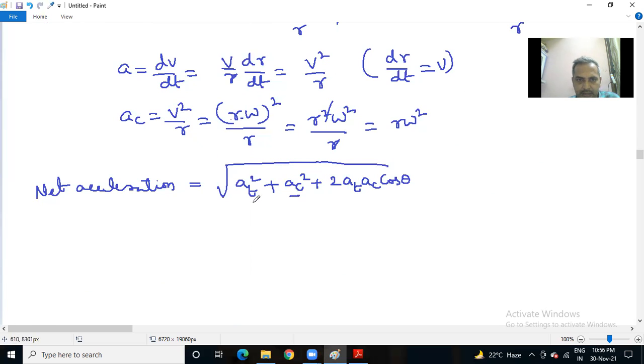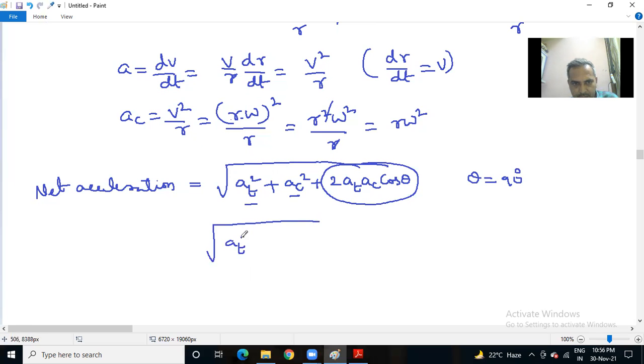Since AC and AT are at 90 degrees, this term does not exist. So net acceleration is AT square plus AC square. This can also be written, using the relation between tangential acceleration and angular acceleration, as R alpha whole square plus AC, which is V square by R, whole square.